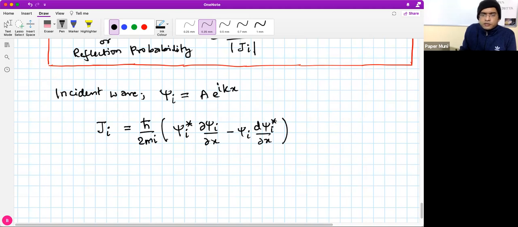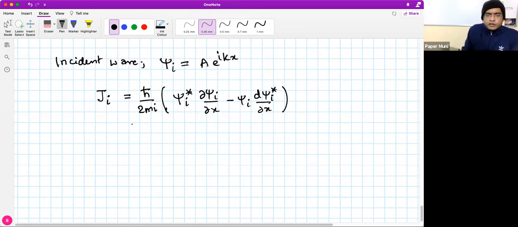All right. So let's put the value of psi and see what is the current density associated with this. So J incident equals ħ/2mi.